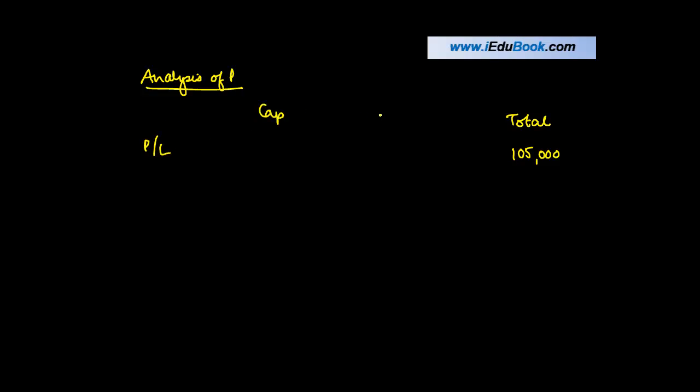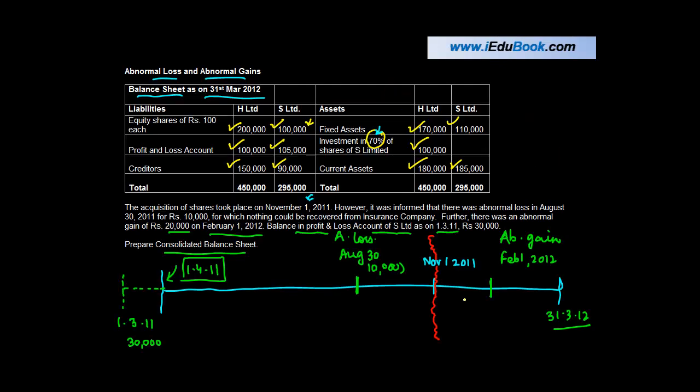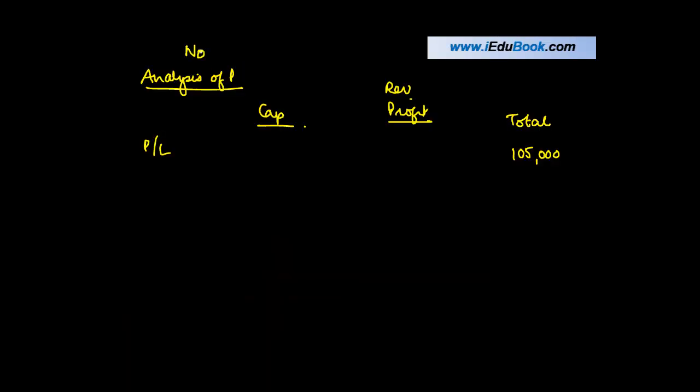I need to bifurcate these between capital and revenue profits. The acquisition of shares took place on November 1, 2011. Which means there are 7 months of pre-acquisition and 5 months of post-acquisition period. But there is an important thing which we need to note here. This 7 and 5 is what happens normally.